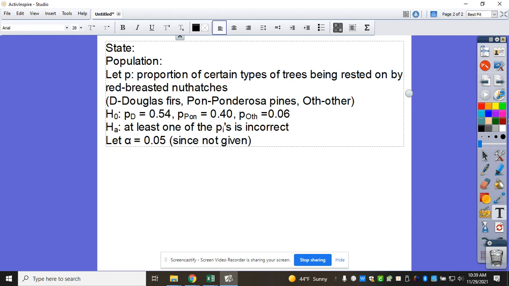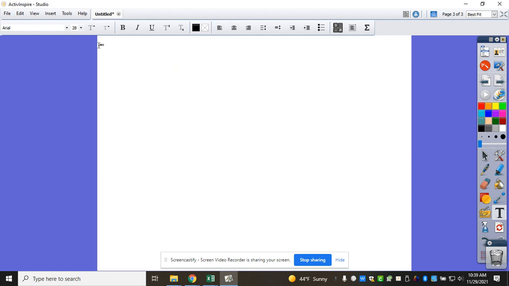I know I'm still skipping population right now. What's my first part of plan? My next part, check conditions, was my first condition.